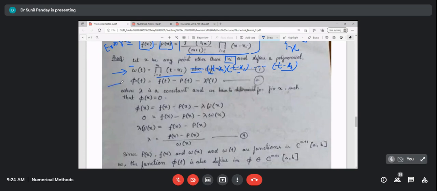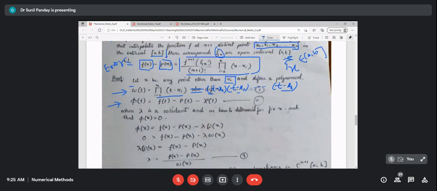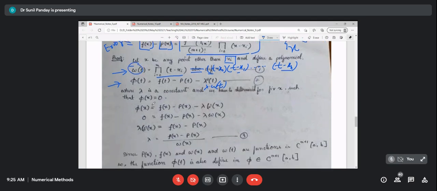Now we define another polynomial phi(t), such that it is f(t) minus p(t), the approximating polynomial, minus lambda times omega(t). Here lambda is a constant, and we have to determine it for fixed x such that phi(x) equals 0.